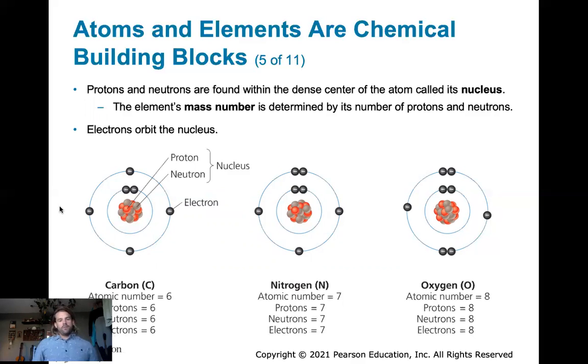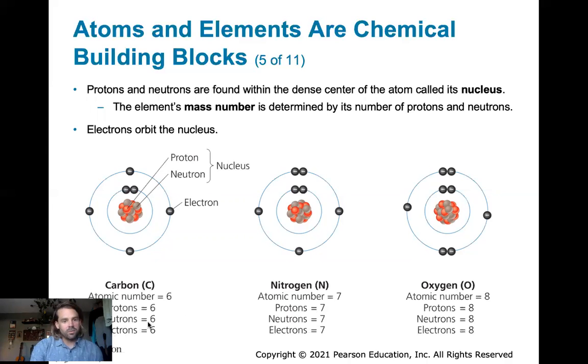Okay, so carbon has an atomic number or a mass number of 6. Okay, and what that means is that in the center there's 6 protons, which are met with 6 neutrons. Neutrons are neutral in charge. And then in order to counteract the 6 proton positive charge that you have, you need 6 electrons.